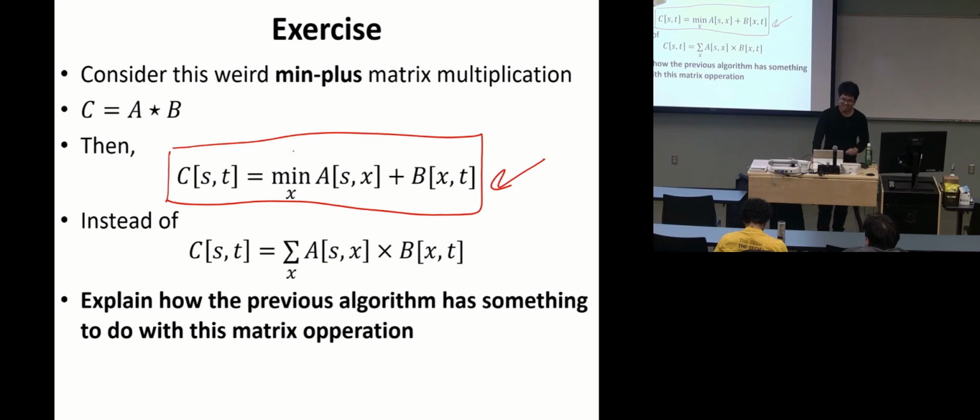I'll leave it at that. Try to understand this connection. It's a nice way to see that this algorithm is nothing but computing the power of some matrix, a very succinct way to describe the algorithm, right?